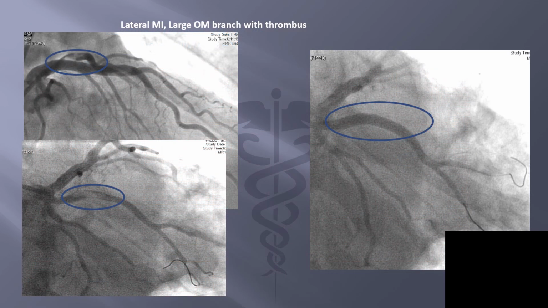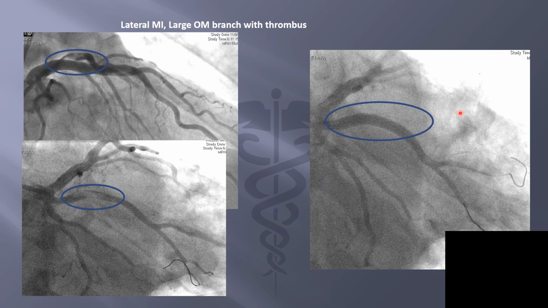These here are images of the angiograph of the STEMI, and you're going to see that was a lateral wall MI with a large circumflex obtuse marginal branch with a thrombus in it. You can see here, this is pretty clamped down right there. You can see it's hazy. Right here is the thrombus in the obtuse marginal of the circumflex.